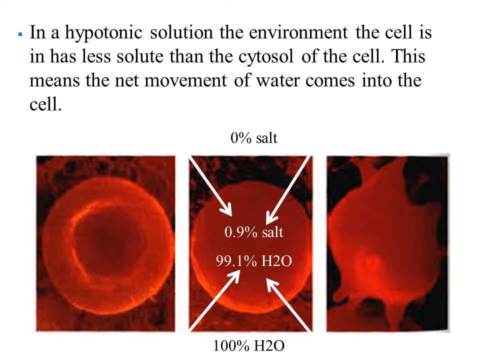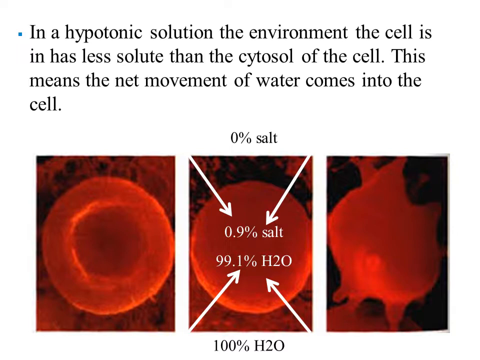So to illustrate that statement, let's look at the picture. The red blood cell, the erythrocyte, is in pure water. Pure water means you have 100% H2O and 0% salt. In that situation, water would flow into the cell.